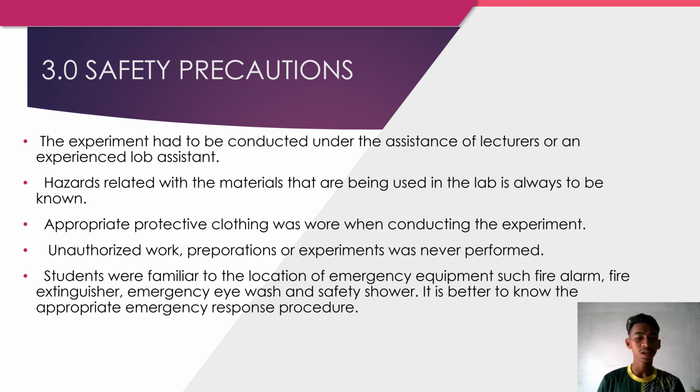Number 4, hazardous work preparation and experiments must never be performed. Lastly, students must be familiar with the location of emergency equipment such as the fire alarm, fire extinguisher, emergency eye wash, and safety shower. It is better to know the appropriate emergency response procedure.